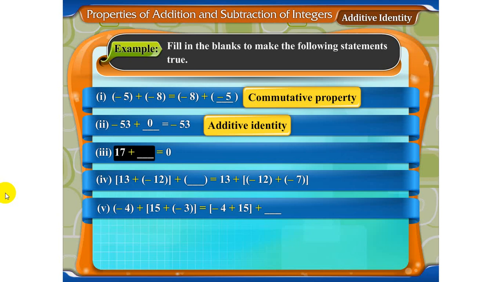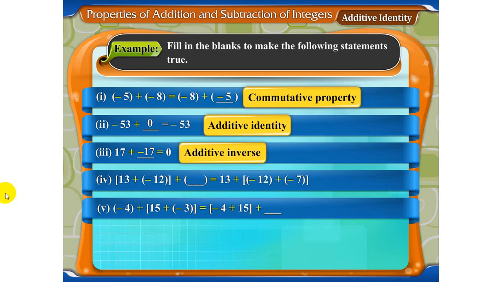3. 17 plus dash is equal to 0. Solution. The answer of given statement is negative 17 because of additive inverse. 4. 13 plus negative 12 plus dash is equal to 13 plus negative 12 plus negative 7.